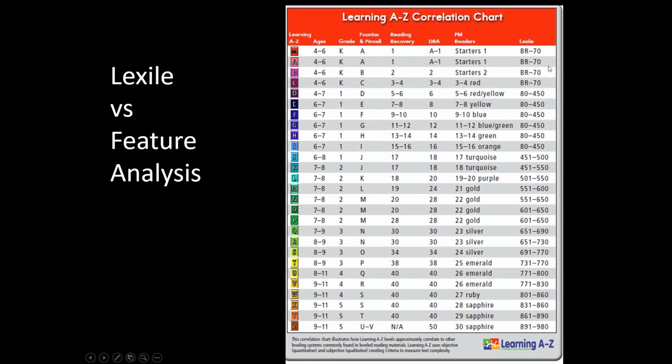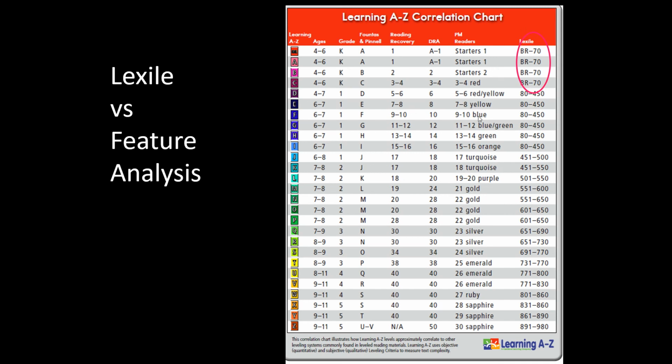But we see some information here that also helps us understand the utility of Lexile and/or feature analysis depending on the age and grade of student or reader that we're working with. When we look at this chart, we see that A, B, and C level texts by Pinnell and Fountas all are correlated with Lexile below 70.